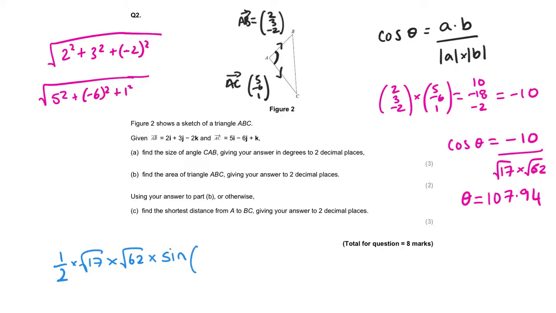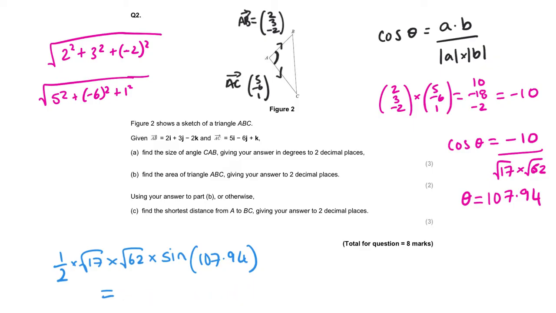With 107.94, which is going to give us 15.44 units squared. Right, we've got, whose calculator are we using? It's 15.44. What have you put into your calculator?